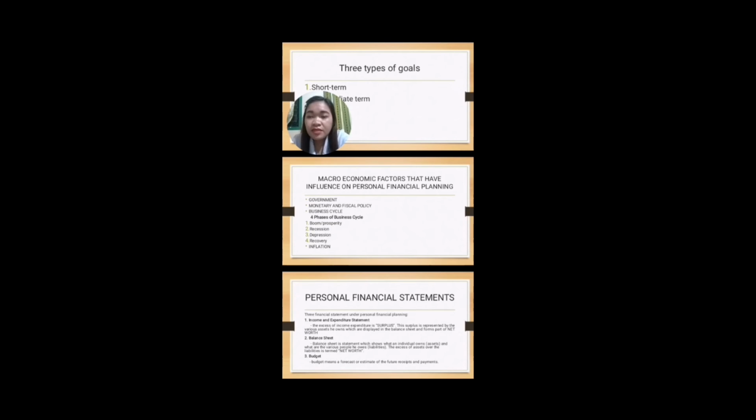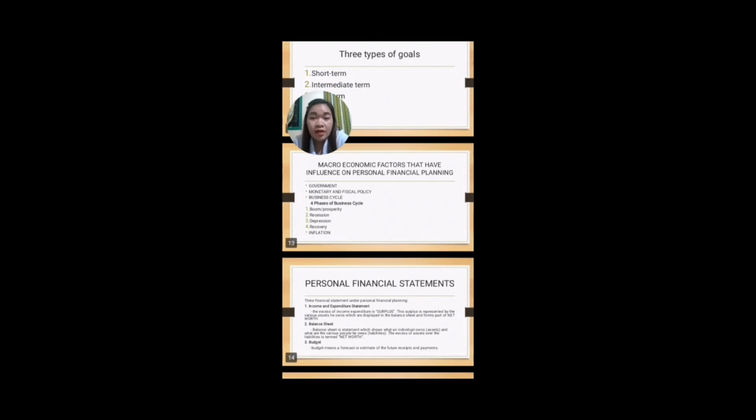Government is one of the major influences in the PFP environment. The policies of the government towards employment, education, etc. have great influence on the business. Of course, government, no? When you talk about the business, mga policies, included yun ang government. Okay, next, number 2 is the monetary and fiscal policy.